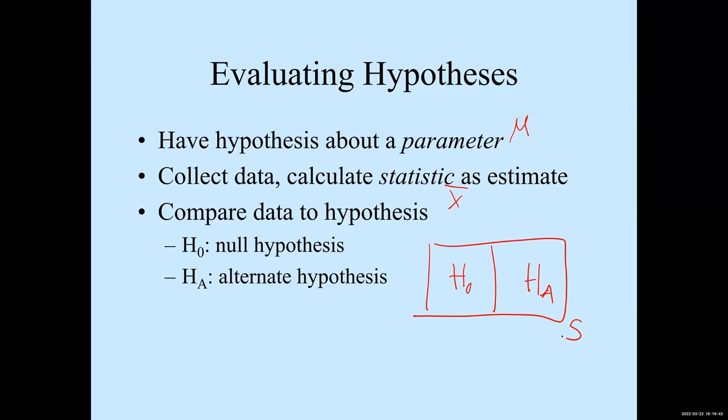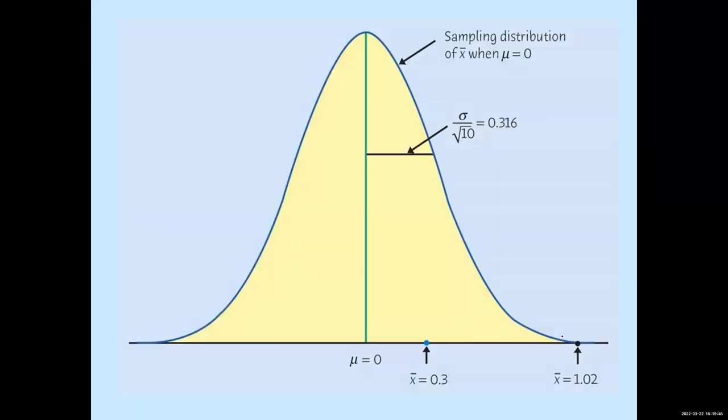So for estimating a mean, we're going to use the central limit theorem. We're going to use the sampling distribution because we're going to have a sample. We're going to say, suppose my mean is something in particular. So we're going to have our hypothesis about this parameter.